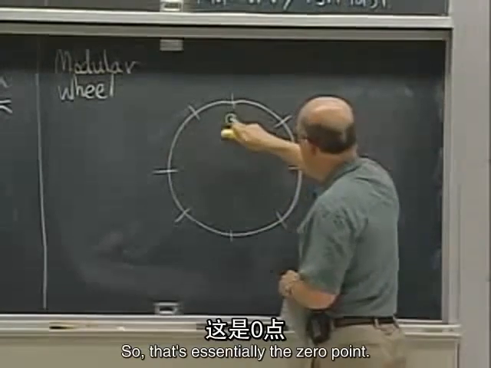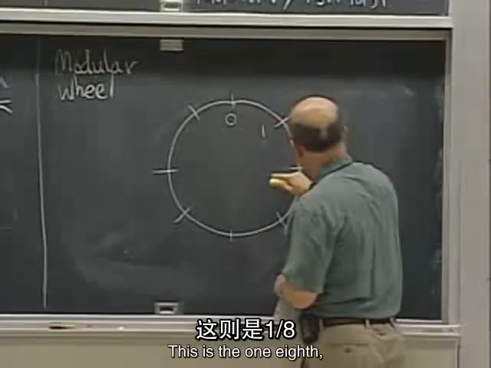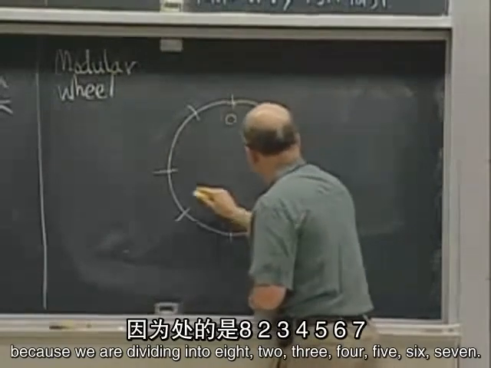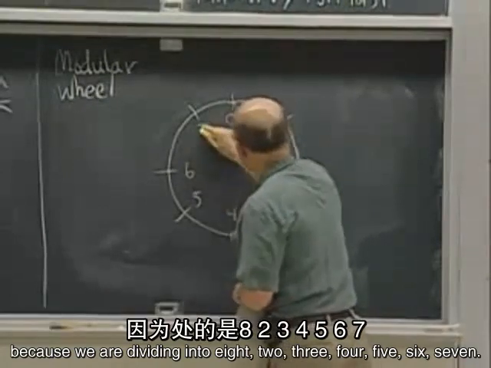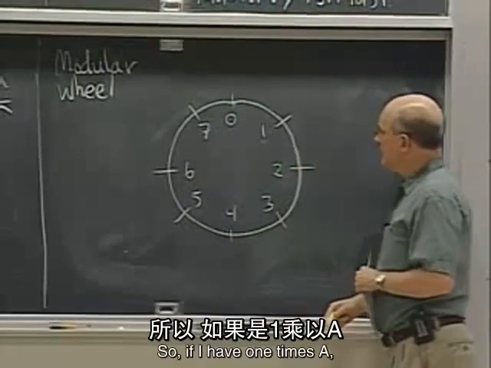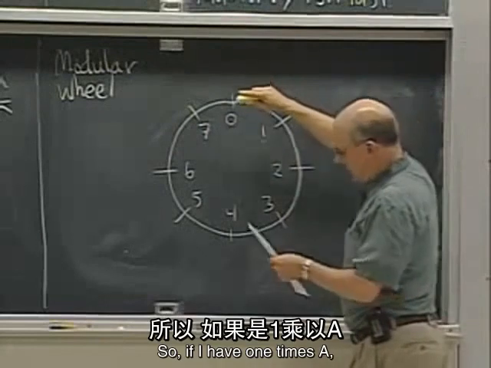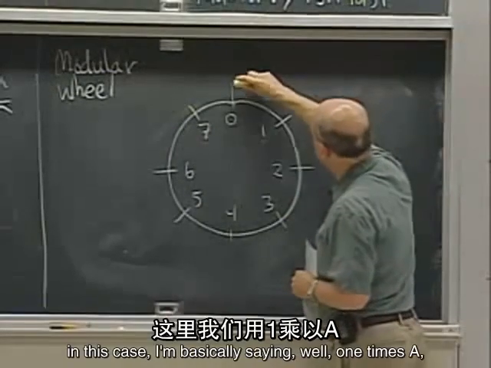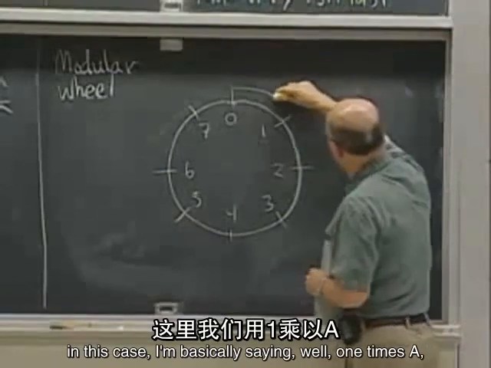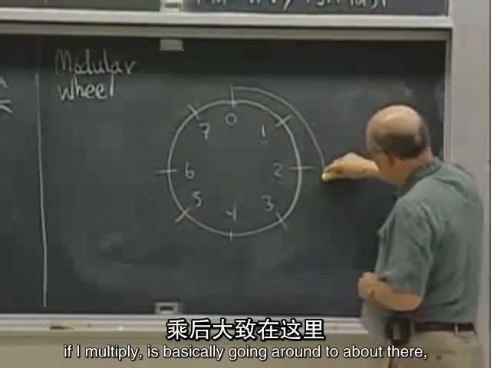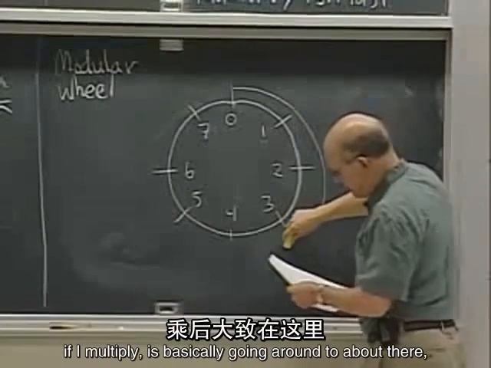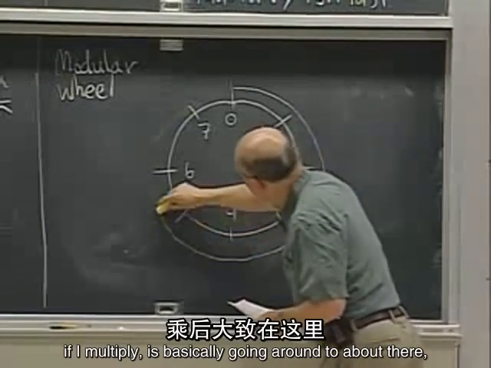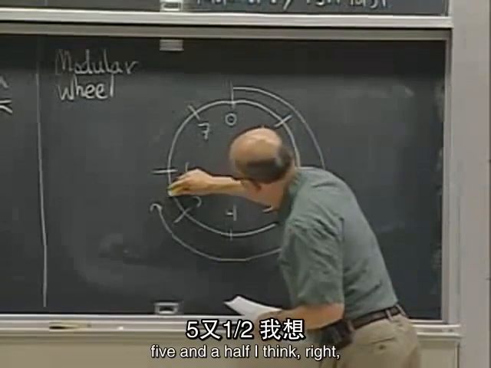So that's essentially the 0 point. This is the 1/8, because we're dividing into 8: 2, 3, 4, 5, 6, 7. So if I have 1 times A, I'm basically saying that multiplying 1 times A goes around to about there, 5.5, I think, right?